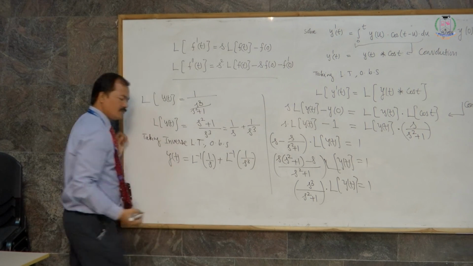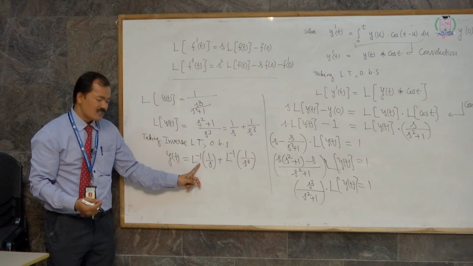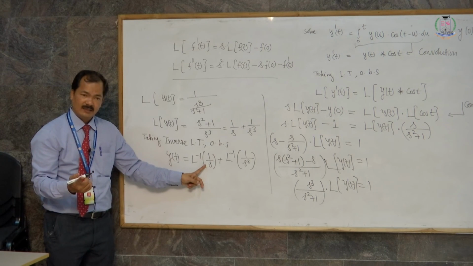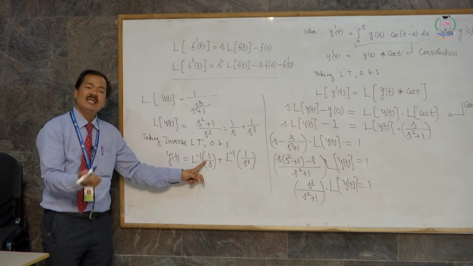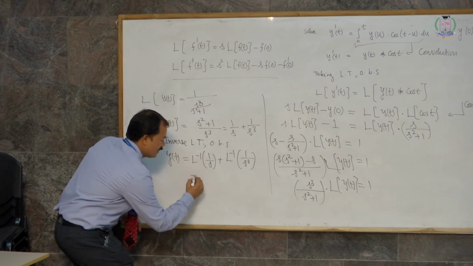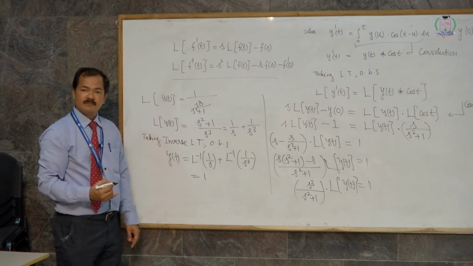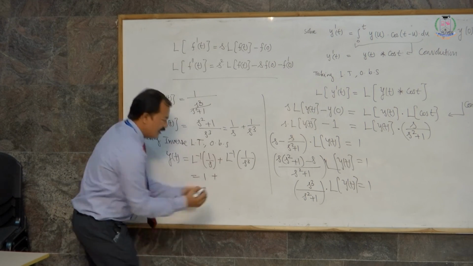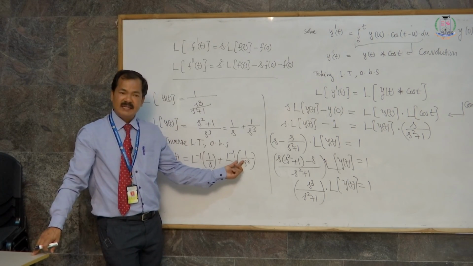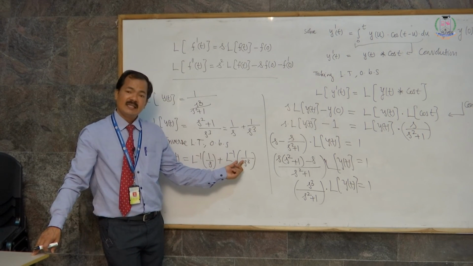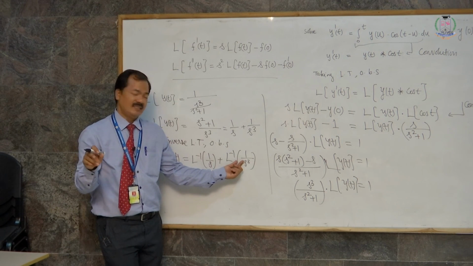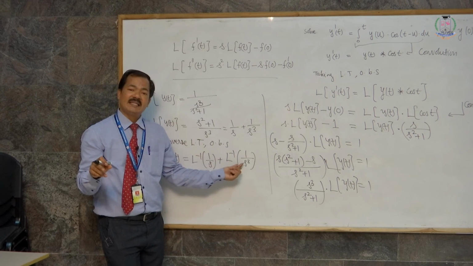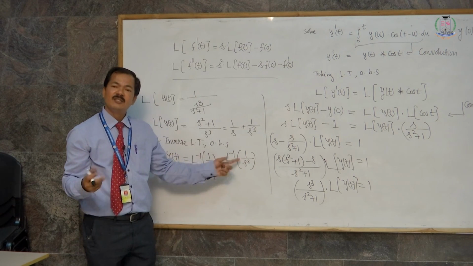We know that the Laplace transform of 1 equals 1 over s. So, if we take the inverse Laplace transform, L inverse of 1 over s is equivalent to 1. Plus, it is not in the standard form. We know the Laplace transform of t square is equivalent to 2 factorial upon s to the power 2 plus 1, that is the same as 2 upon s cube. But what is missing here? 2.